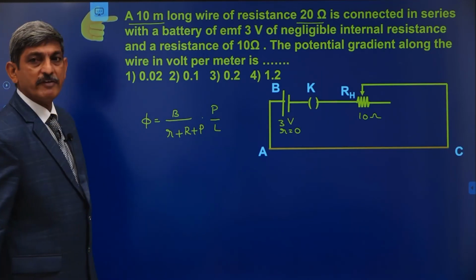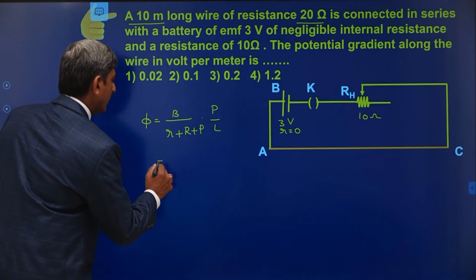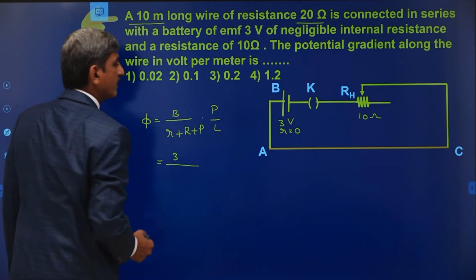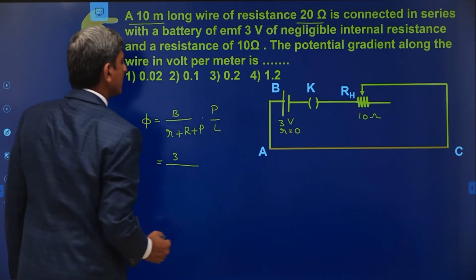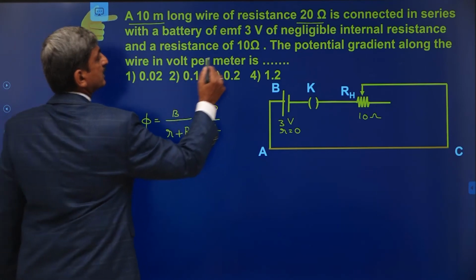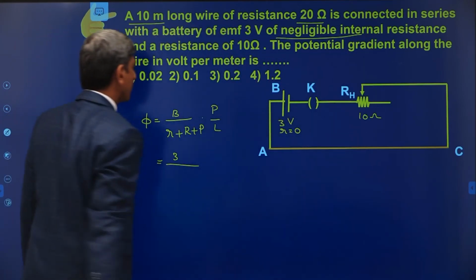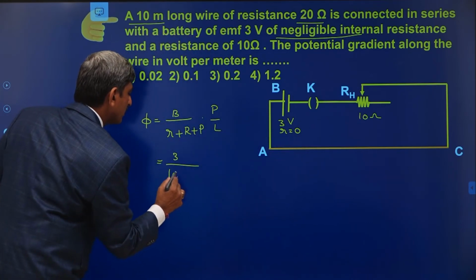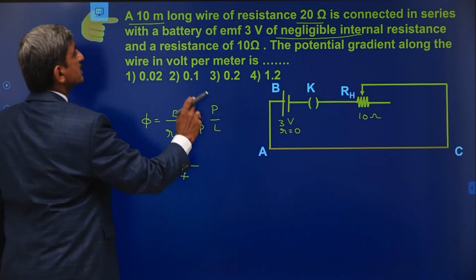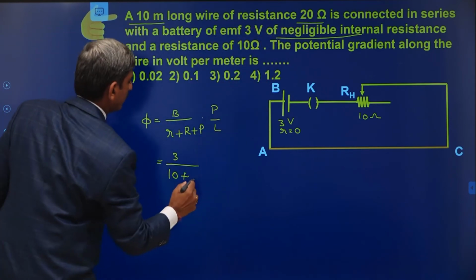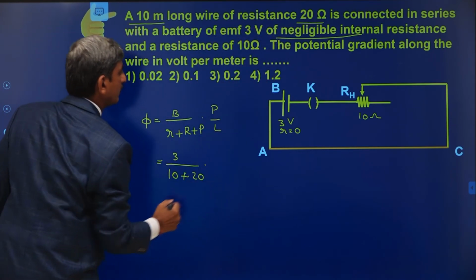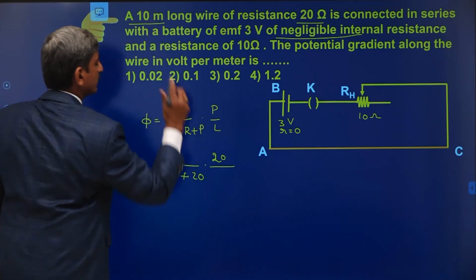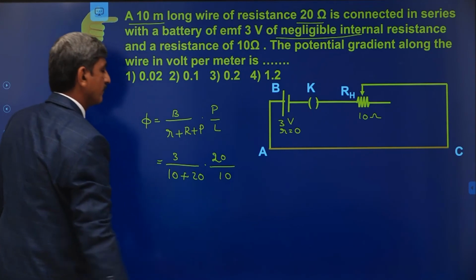Here let us substitute the given values in this equation. The EMF of the battery is equal to 3 volts divided by the internal resistance of the cell, which is given as 0 because it is having negligible resistance, plus the series resistance value of 10 ohms, plus the resistance of the potentiometer wire equal to 20 ohms, into 20 divided by the length of the wire, which is 10 meters.